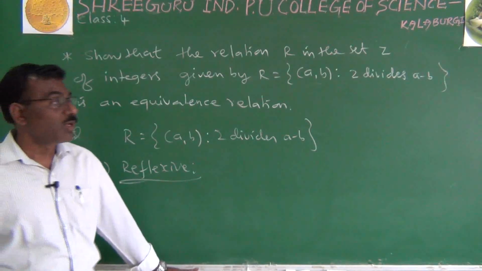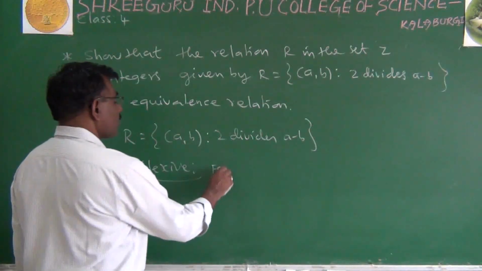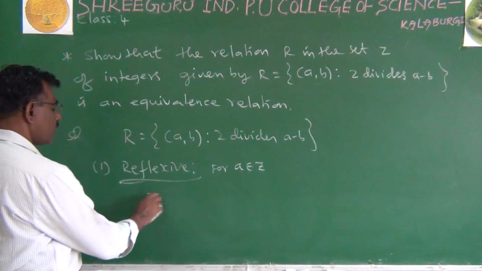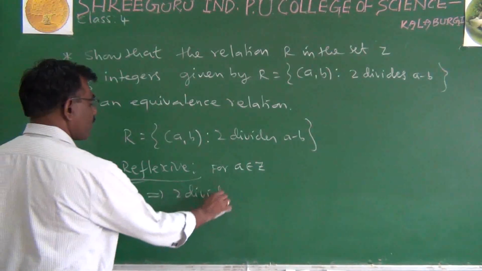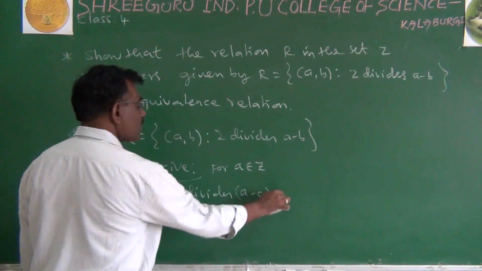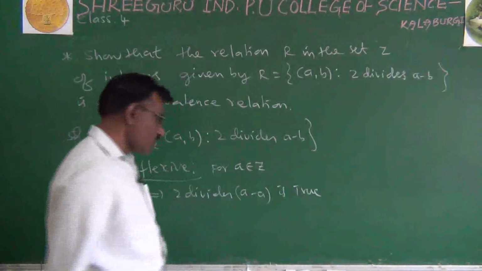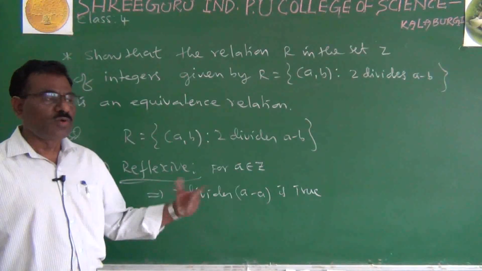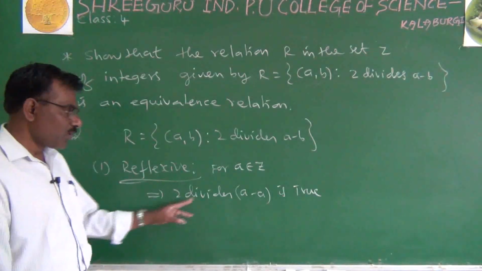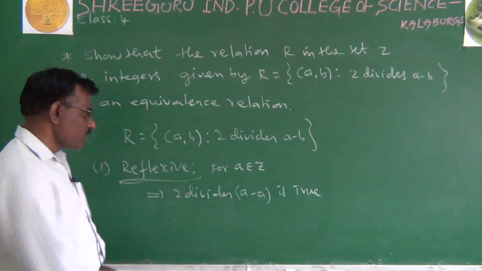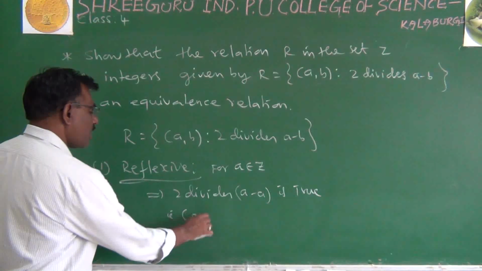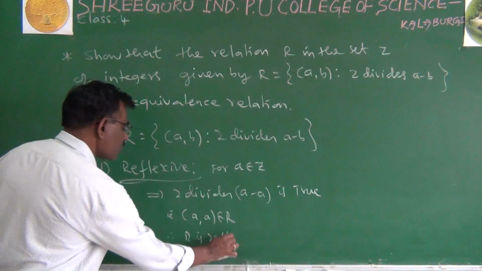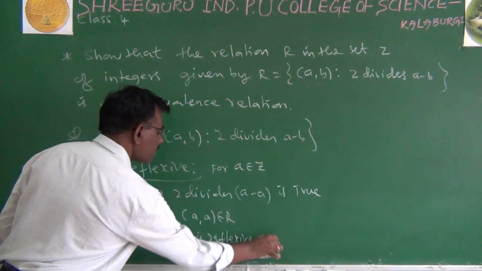A belongs to Z, not R. So I am taking A belongs to Z. It implies 2 divides A minus A is true, because 2 divides 0 is true, because 0 is divisible by 2. So 2 divides A minus A, that is (A, A) belongs to R. Therefore R is reflexive on Z.